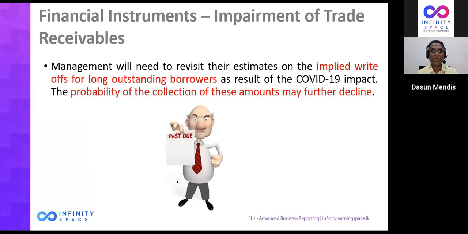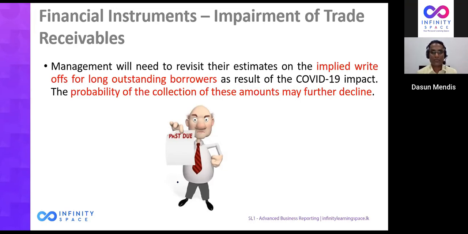When it comes to the reporting date, some trade debtors are long outstanding because you have given them 30 days to pay, but some of the customers are taking more time to make the payment. That is before COVID-19. But with COVID-19, the situation has become even worse. It is more difficult to collect them now than previously. It was difficult anyway. Now it is much more difficult. They don't even answer your call, right?